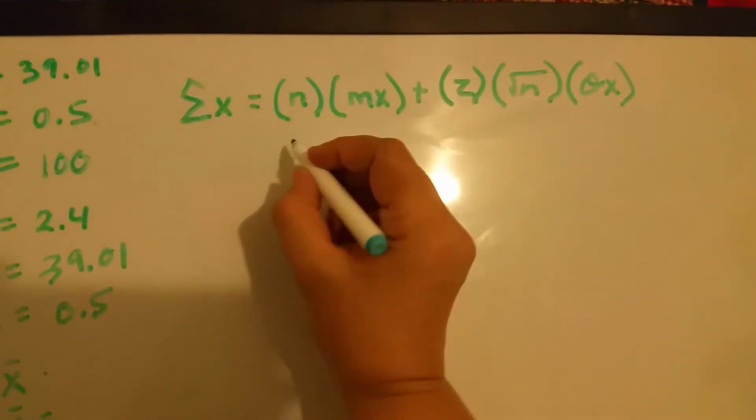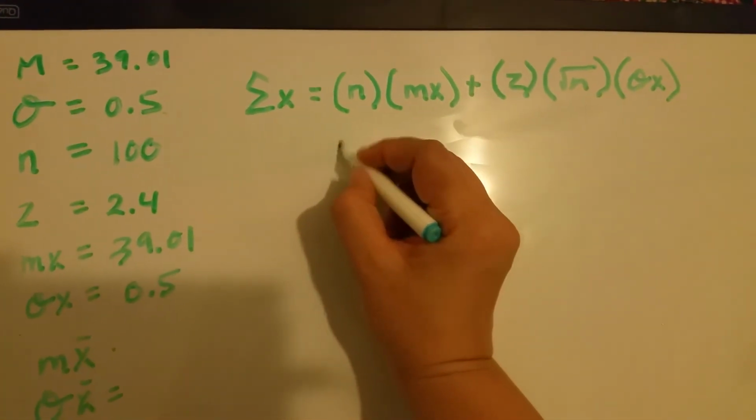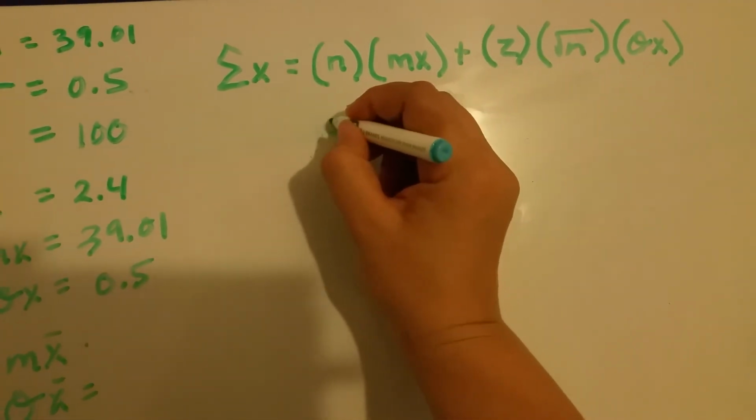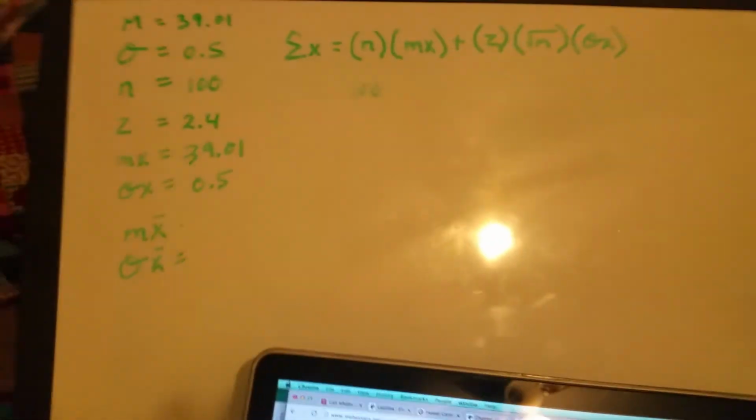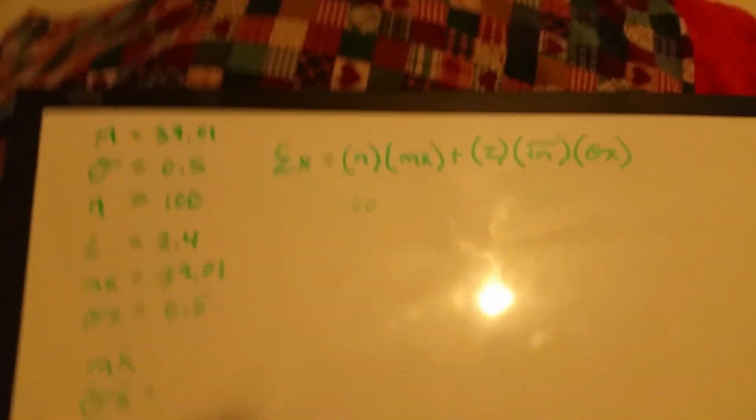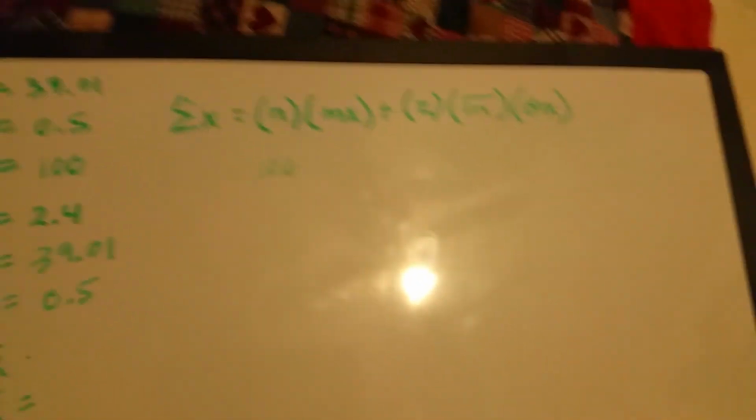So let's start filling in our information. What's the count? The count is 100. Oh man, that's not good. Same pen too, and I grabbed it again. Okay, let me get a different pen.